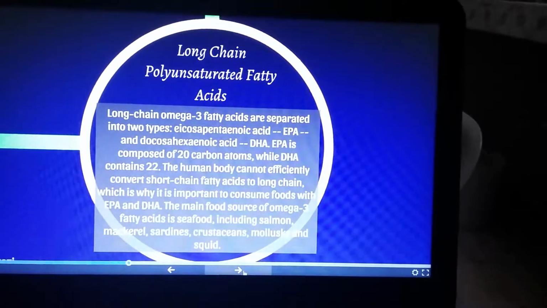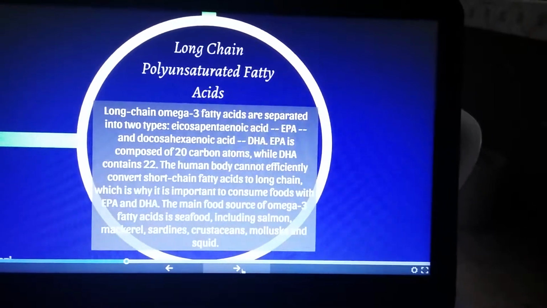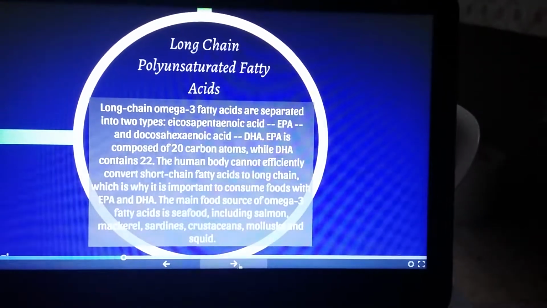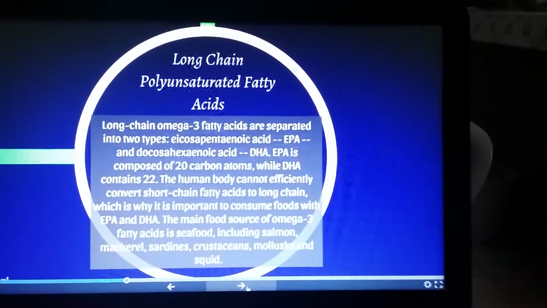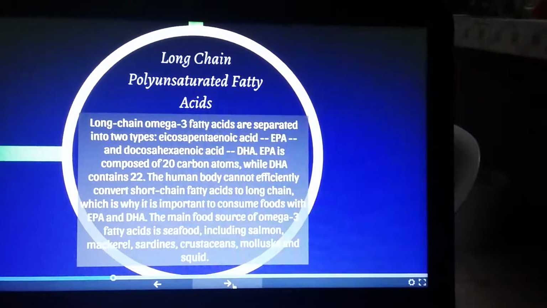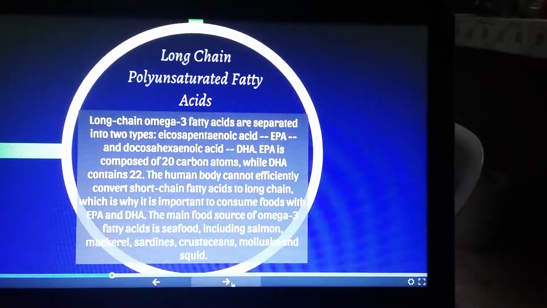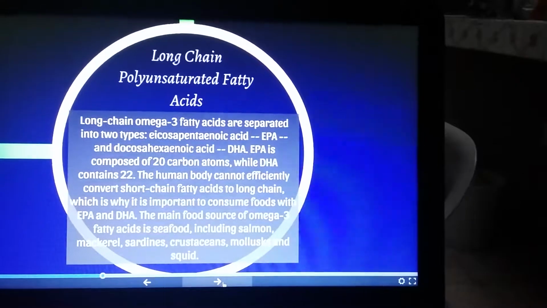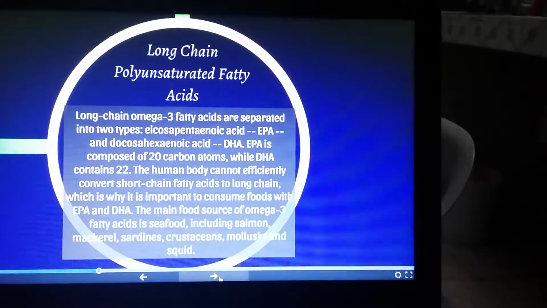The human body cannot efficiently convert short-chain fatty acids to long-chain, which is why it is important to consume foods with EPA and DHA. The main food source of omega-3 fatty acids is seafood, including salmon, mackerel, sardines, crustaceans, mollusks, and squid.